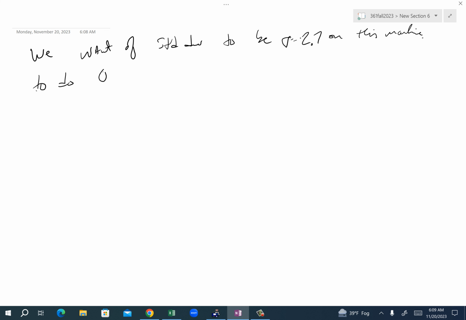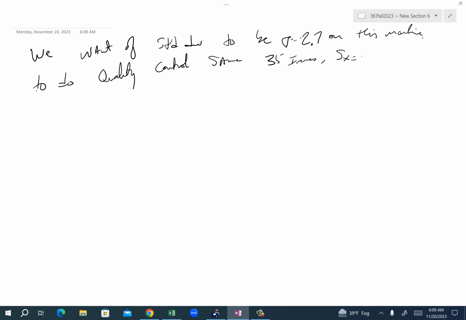So we want our standard deviation to be 2.7 on this machine. Okay, so to do quality control, sample, I don't know, 35 items.